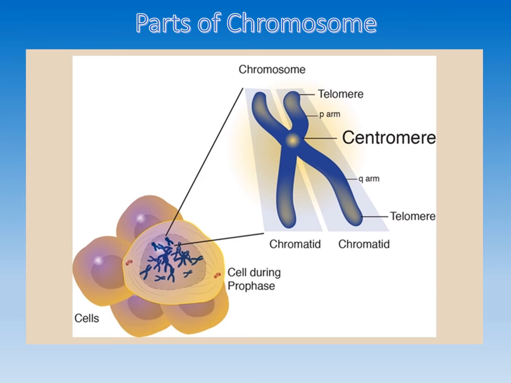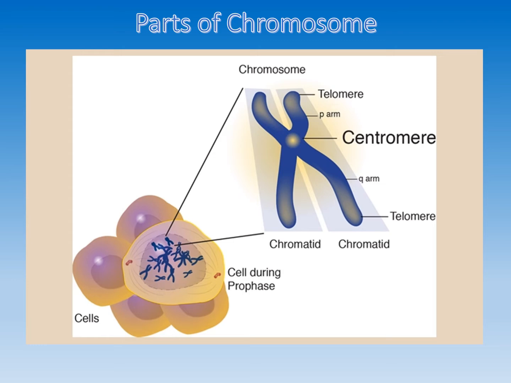If you take a look at the left side, there are 1, 2, 3, 4, 5 cells, and one of the cells is actually opened or viewed. There are chromosomes, and one of them is enlarged for you to look at the correct parts of it, so let us take a look at that one.